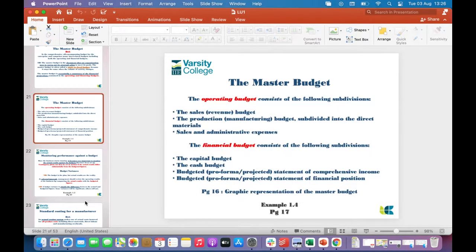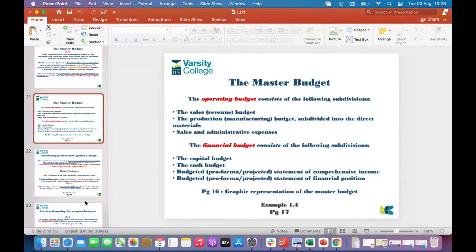Here they're telling you what the operating budget consists of. You've got the sales budget, and the production budget, subdivided into direct materials and, I think, direct labor. Then the sales and administrative expenses.